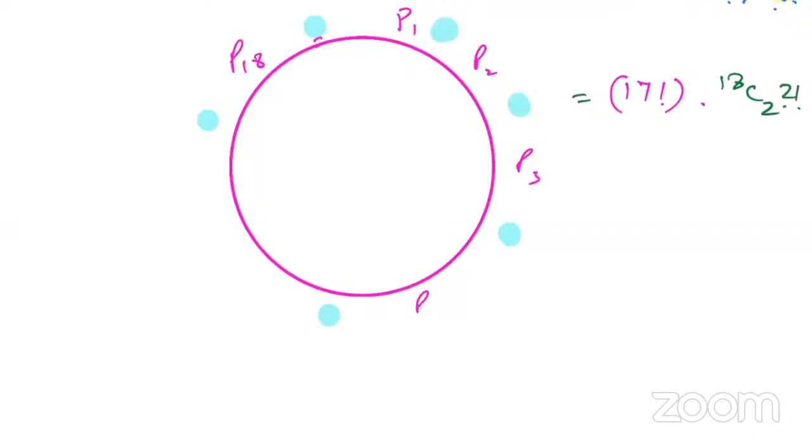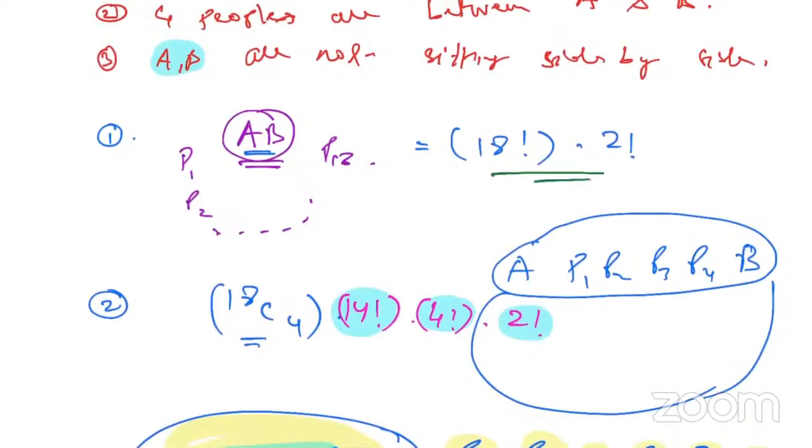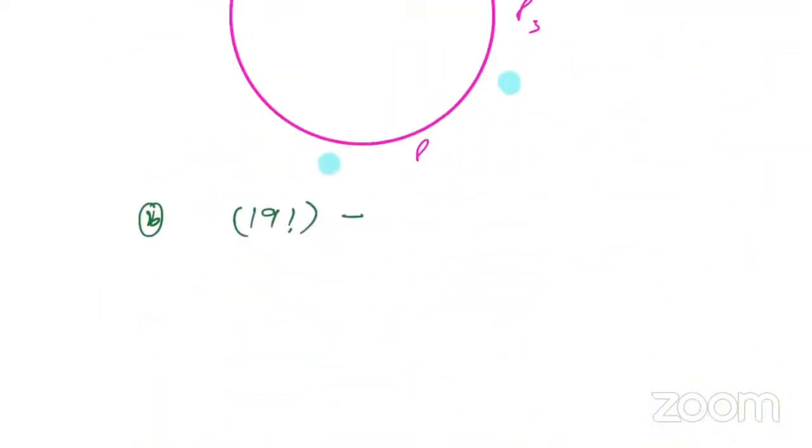not sitting together, right? Or what we can do, right? Total number of people are 20. So in factorial 19 ways they can arrange. And if A and B are together, we know that this is factorial 18 into factorial 2, right? So this is total number of arrangement, and this is the arrangement when A and B are together.